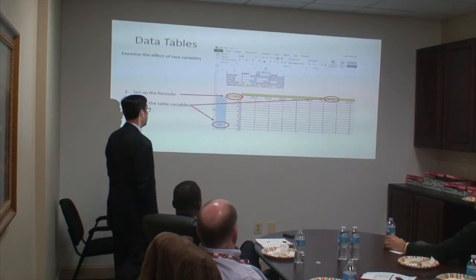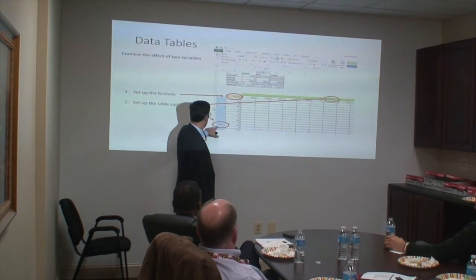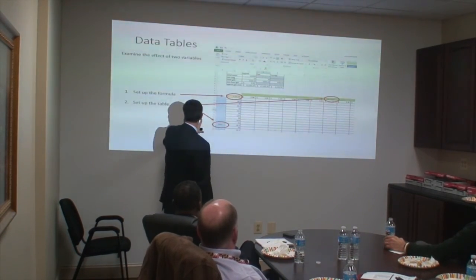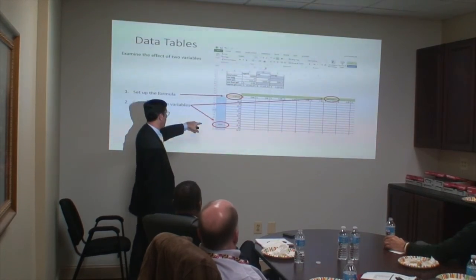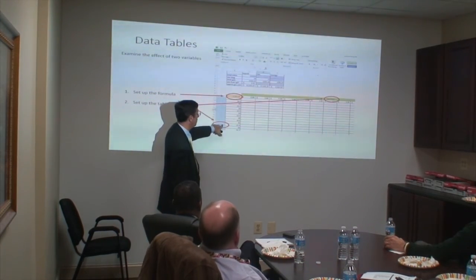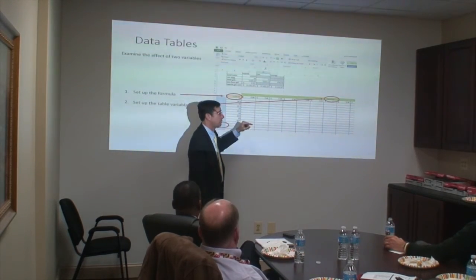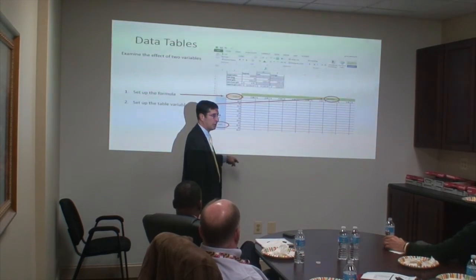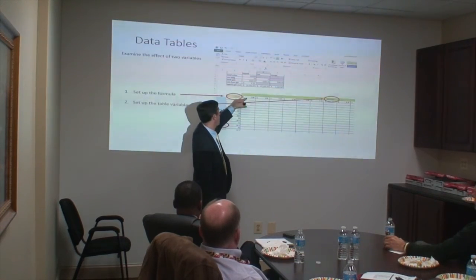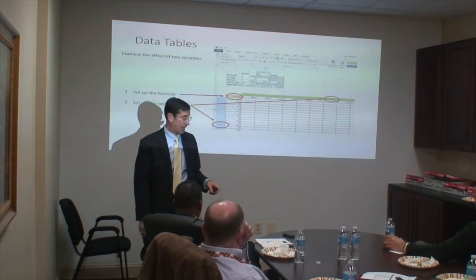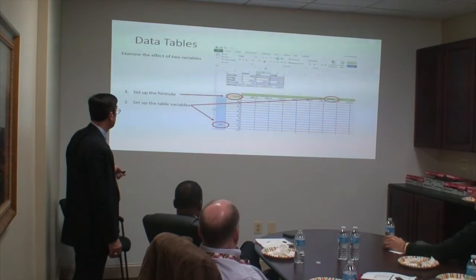In this instance, I set up the table variables as miles per gallon and gas price. I took a whole bunch of different values for each of those, laid them out in the table, and then used this table to figure out that formula, and I'll show you when we go live.